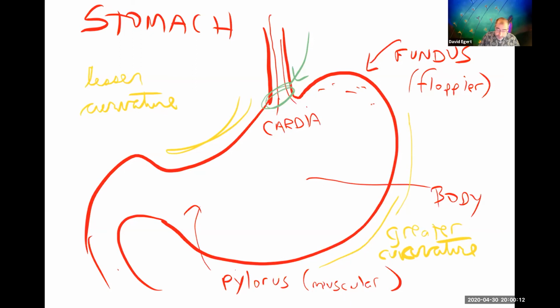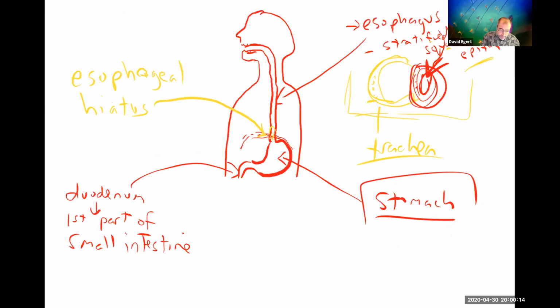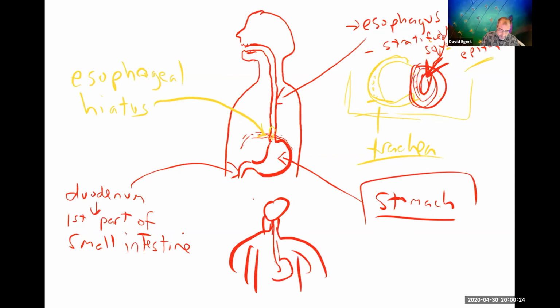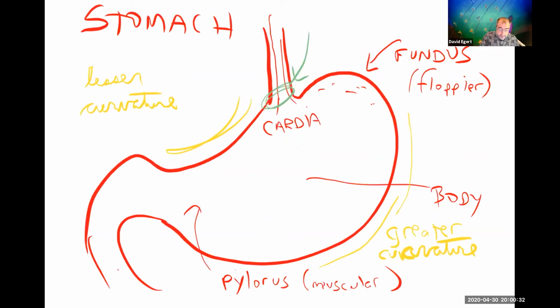If we go back into this picture here, looking at the person from the front, here's their stomach, their heart is right here too. So this entrance into the stomach is the cardia. So sometimes they call this the cardiac sphincter.